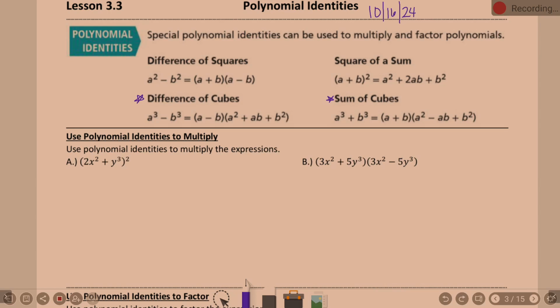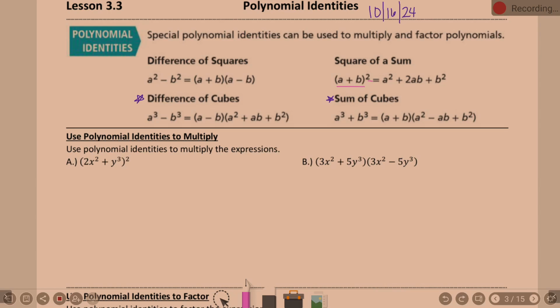So this first example A, 2x squared plus y cubed, quantity squared. Well, which identity from up above does it look like? This is not cubes, but square of a sum when you have a parenthesis squared.